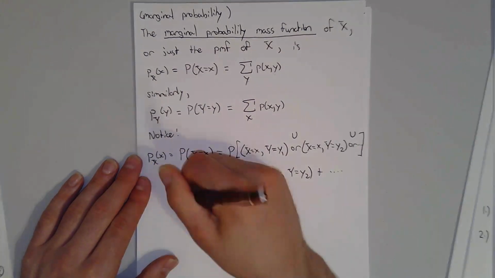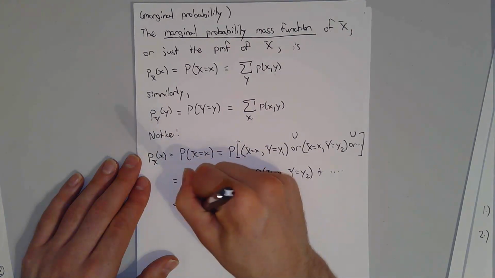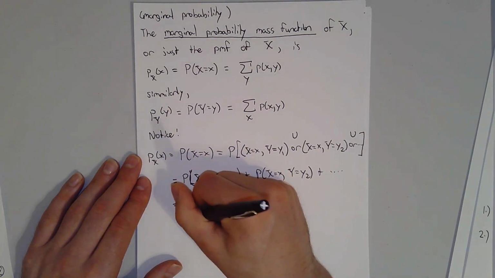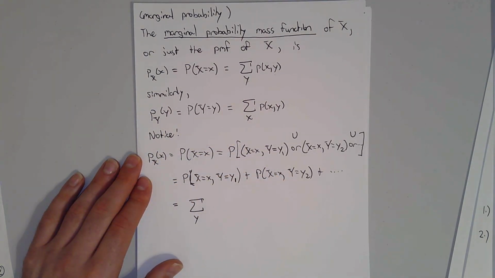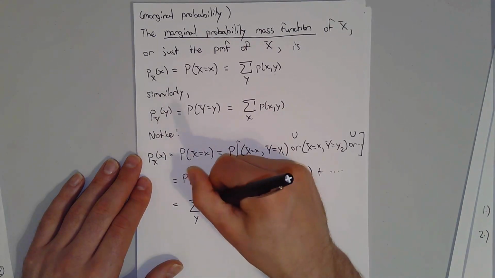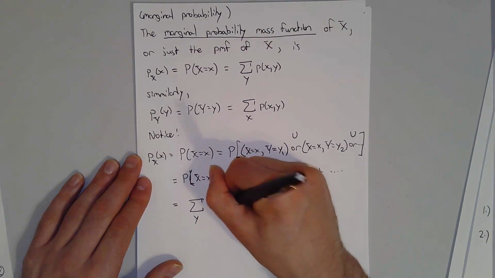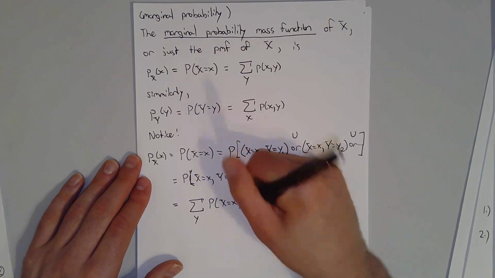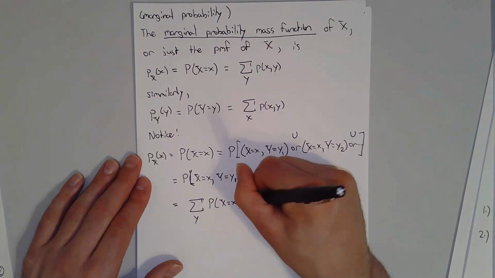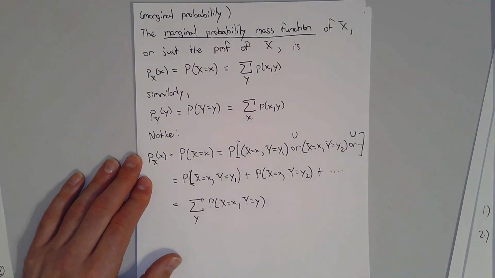So in closed form, this is just the sum over all possible values little y of the probability that capital X is equal to little x and capital Y takes on that value little y.